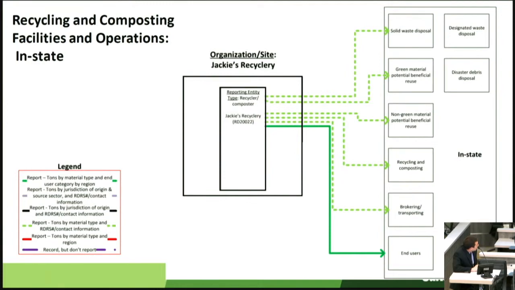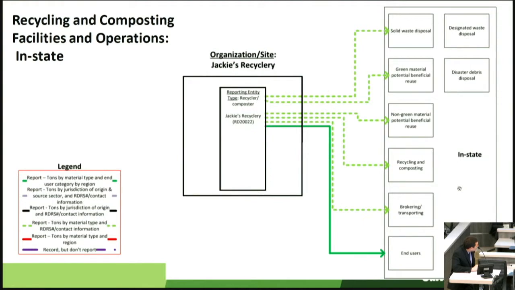So if you send material for brokering, transporting, so one below that, this is to entities who then take basically control or possession of the material, and then determine the destination for the sale or transfer. You would just indicate the broker or transporter to which you sent that material for brokering, transporting.